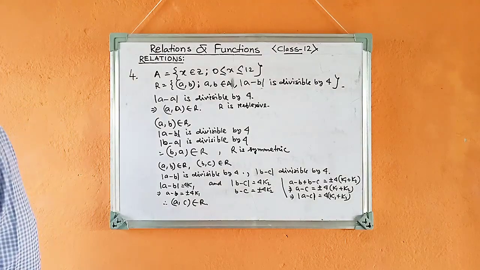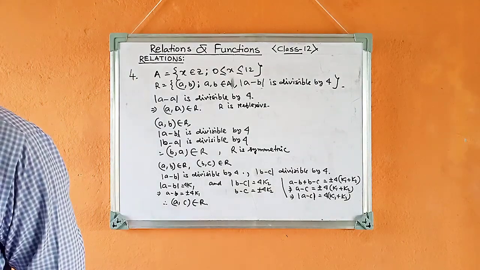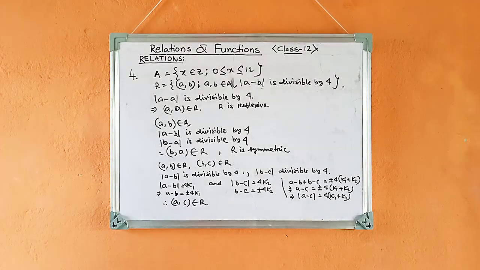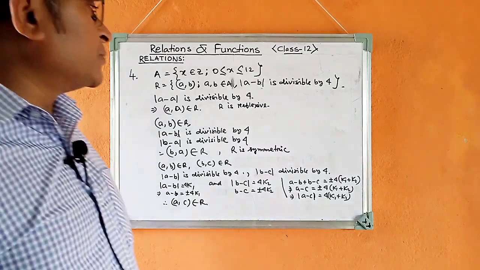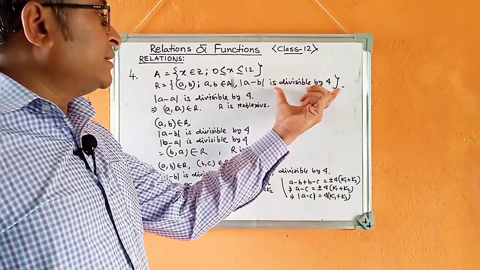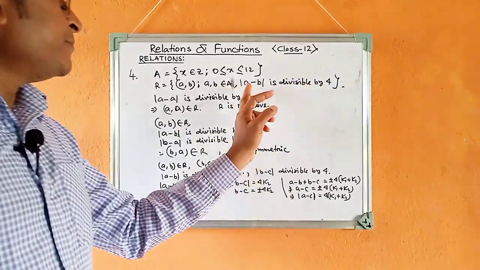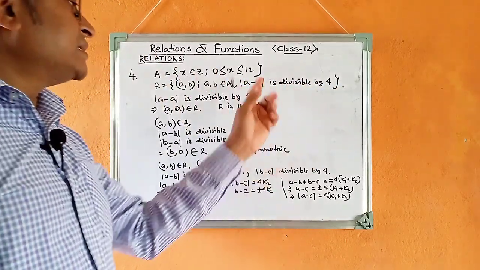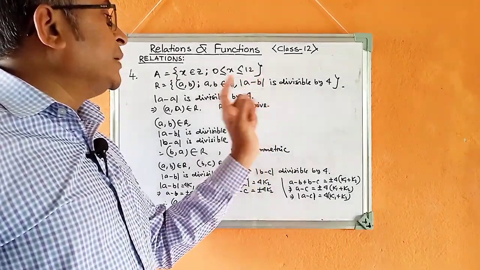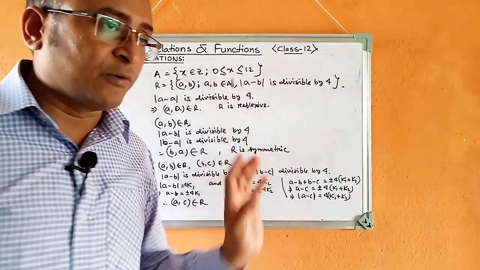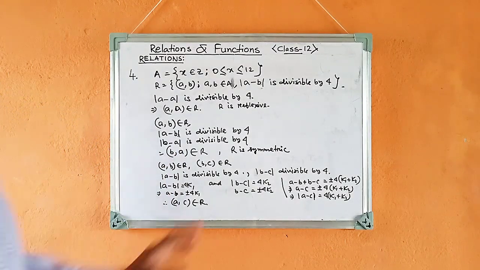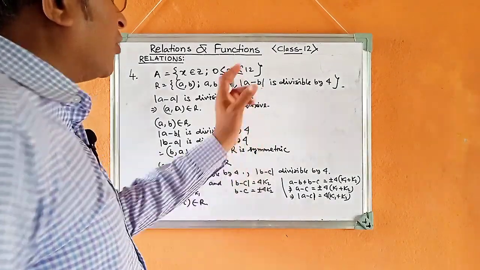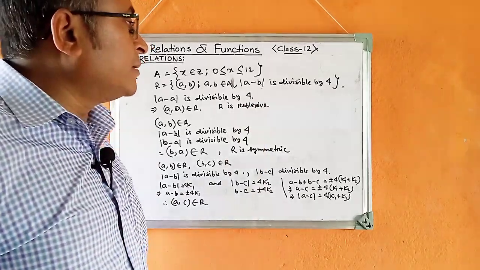Now the third one is the equivalence class of 2, that means the set of elements A related to 2. Again, satisfy this condition with A as 2. What is the value of B? When B is 2, 2 minus 2 is 0, divisible by 4. The next one is 6: 2 minus 6 is 4, also divisible by 4.